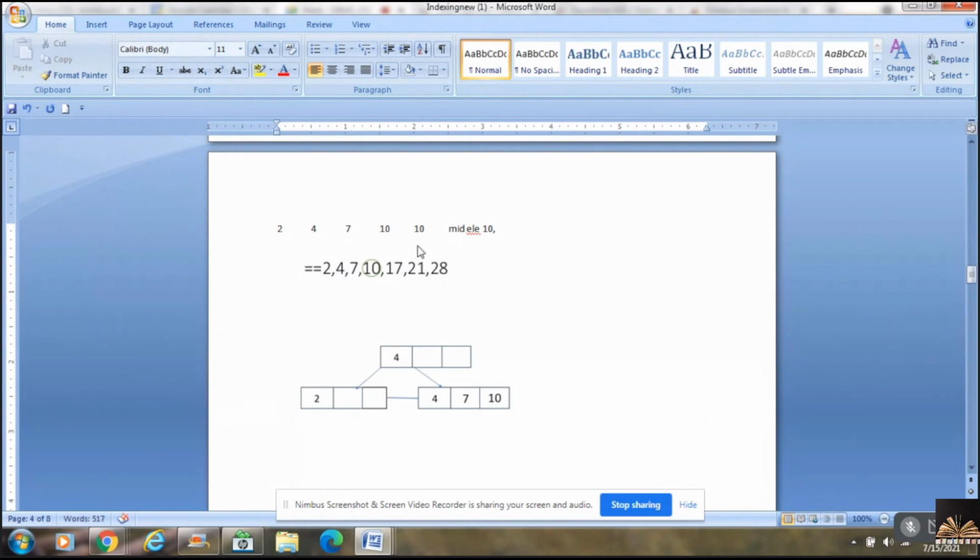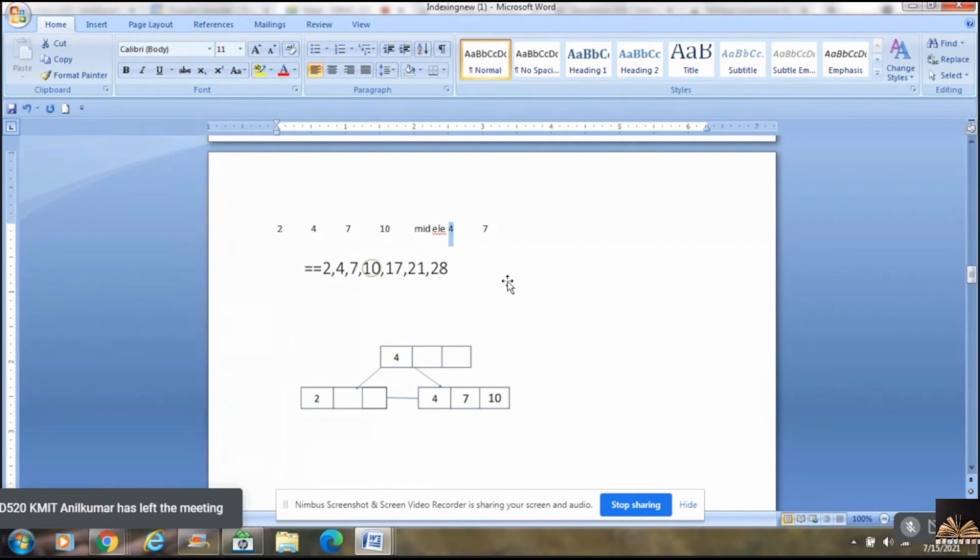These are already sorted. Try to understand this one. Now, what are the middle elements over here? Middle elements are 4 followed by 7. Whenever I use 4 in the process of splitting, that would be the left bias. I am pushing 4 to the top. If I push 7 to the top, that would be right bias.